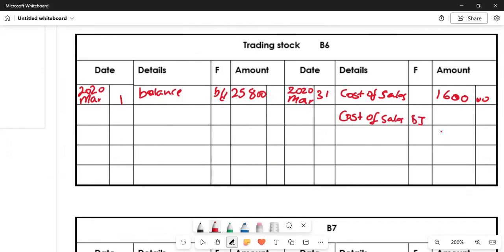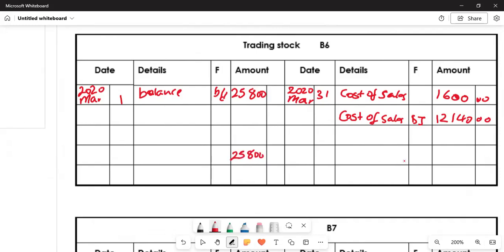Remember, we added them up together and they gave us 12,140. So that is that. Now we are to do what? We are now to balance. You know very well our trading stock has what? Debit balance. Of how much?